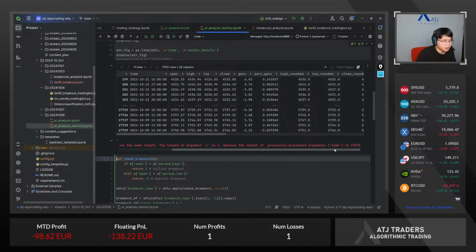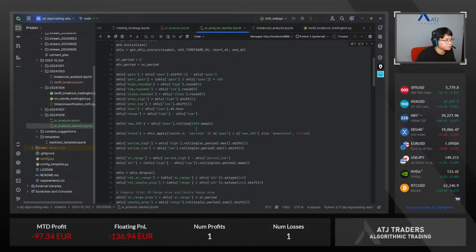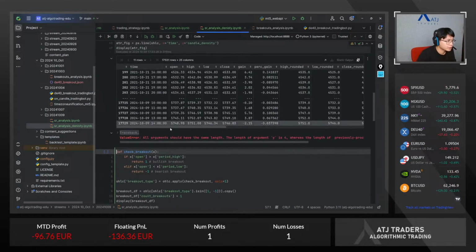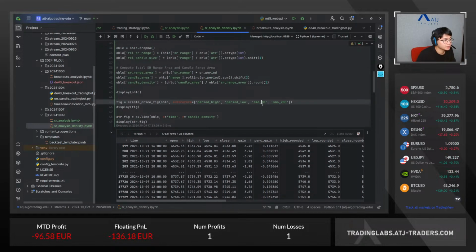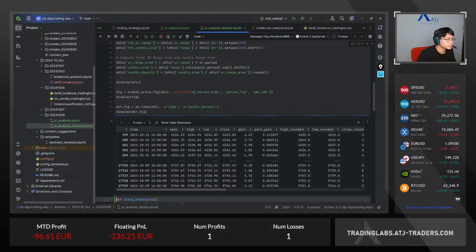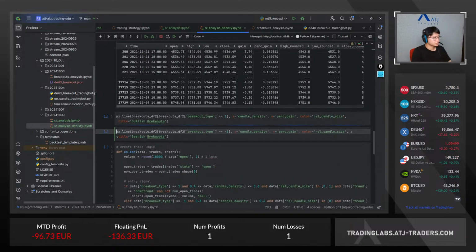Now we seem to have a problem here. I think I broke something and I don't know where it's coming from. Oh, because I deleted the indicator SMA 10, which is no longer here. Let's try this again.